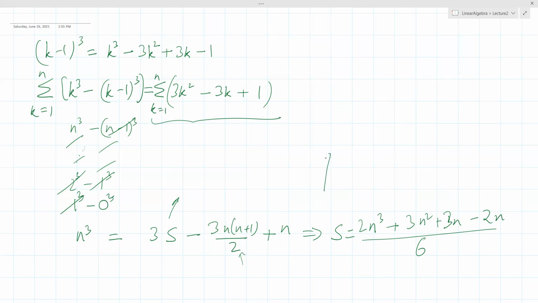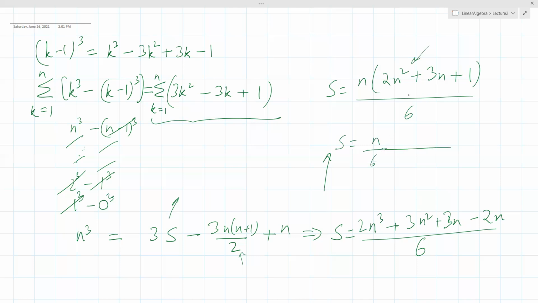So S is equal to what? n common: (2n squared plus 3n plus 1) over 6. Is that okay? Yes, sir. So what are the factors of this? S is equal to n over 6 times (2n plus 1) and (n plus 1).